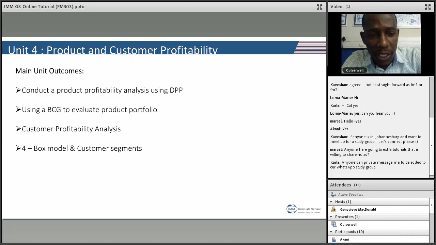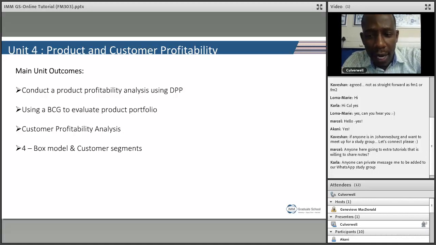So you use your BCG metrics. I'm sure you guys are marketers and know the BCG way better than me. But of importance when you bring it to finance are the strategies that one would employ on a star, on a cash cow, on a question mark, or on a dog.